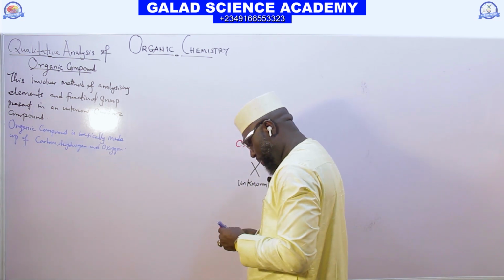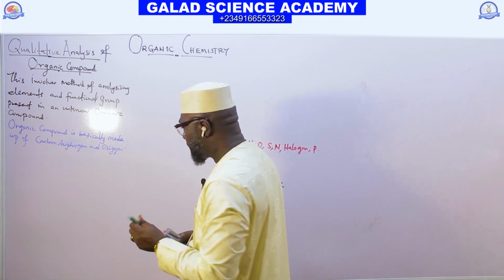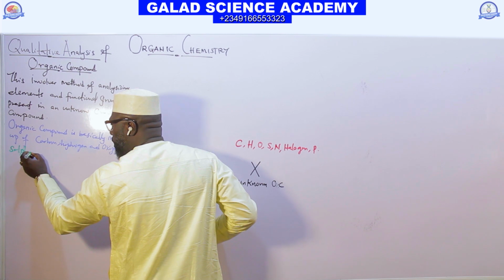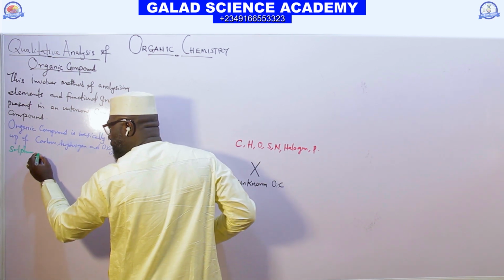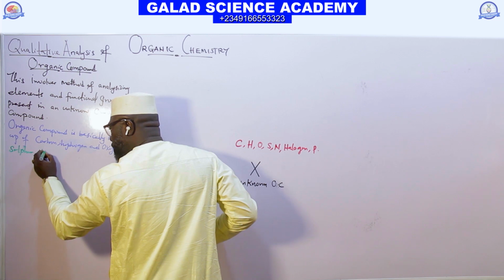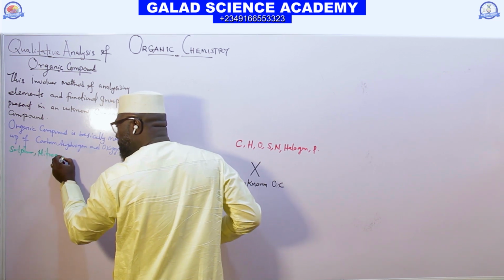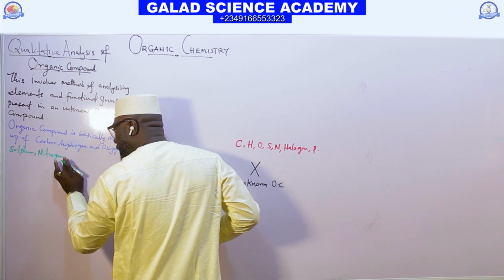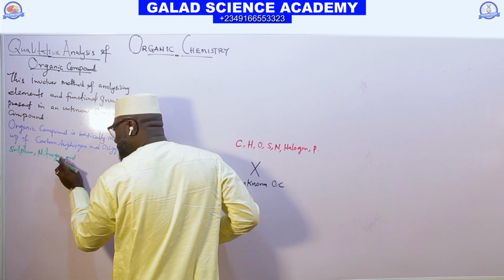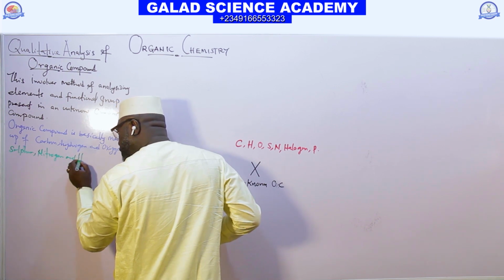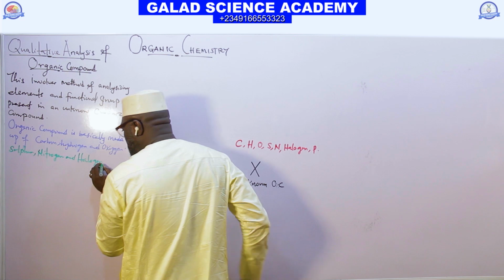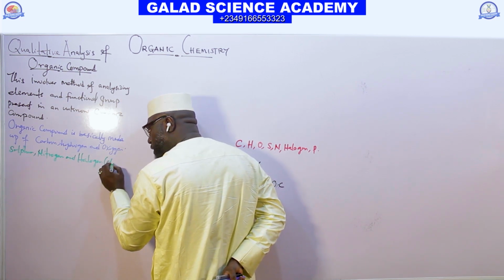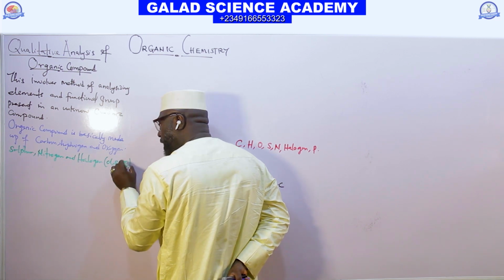But at times, sulfur, nitrogen, and halogen. What is halogen? It is chlorine, bromine, and iodine.